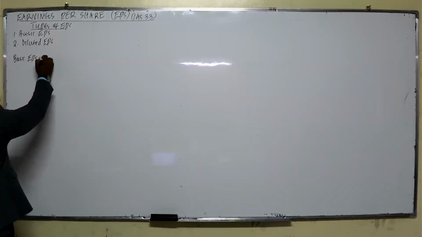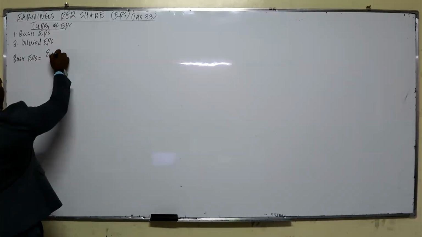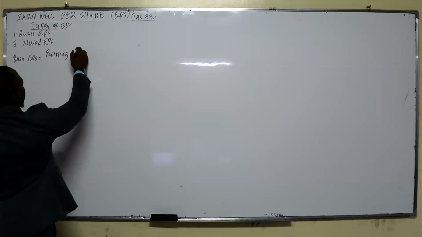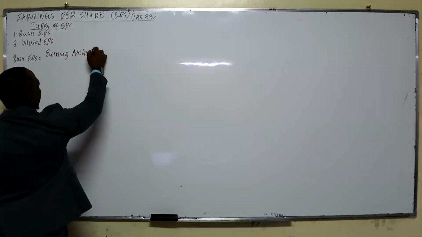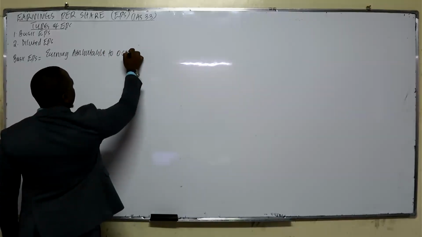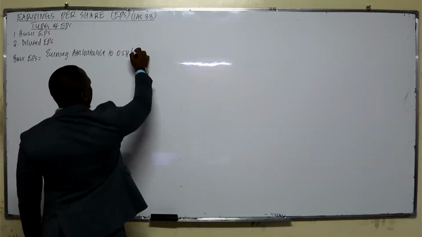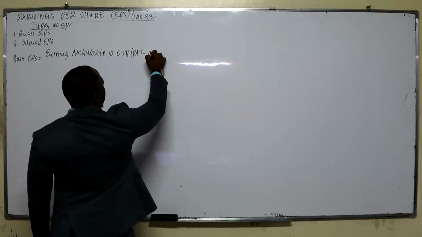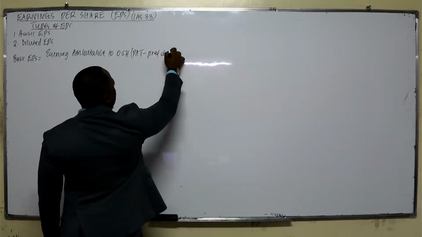So to get the basic earnings per share, you take the earnings attributable to ordinary shareholders, which is equivalent to profit after tax minus the preference dividends.